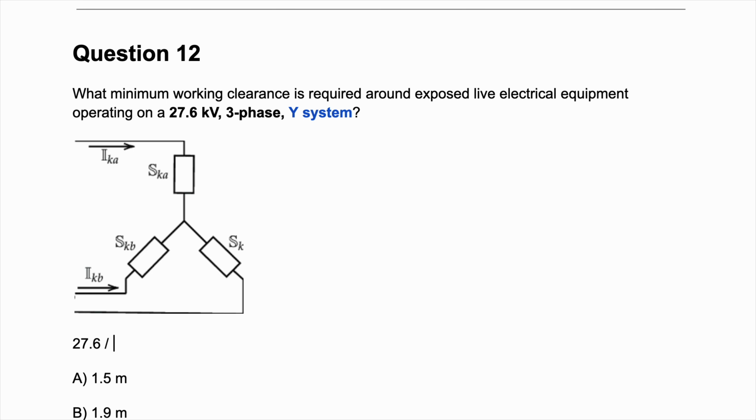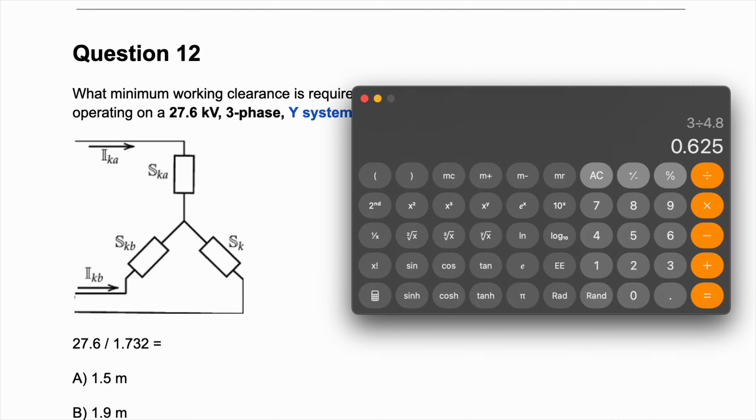We need to use this level of the voltage: 27.6 divided by 1.732, which is root of 3, and it's 15.9.